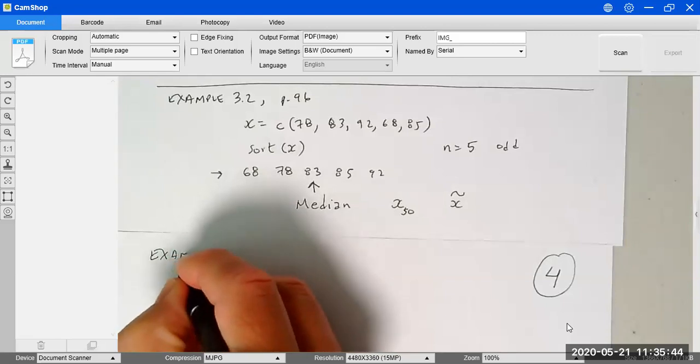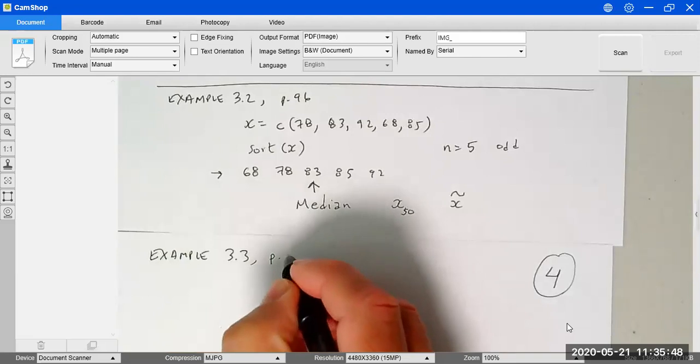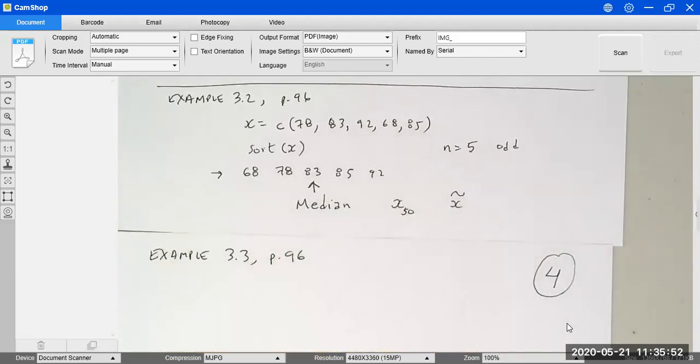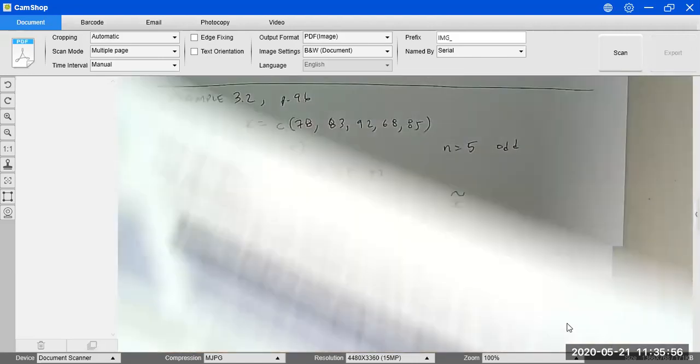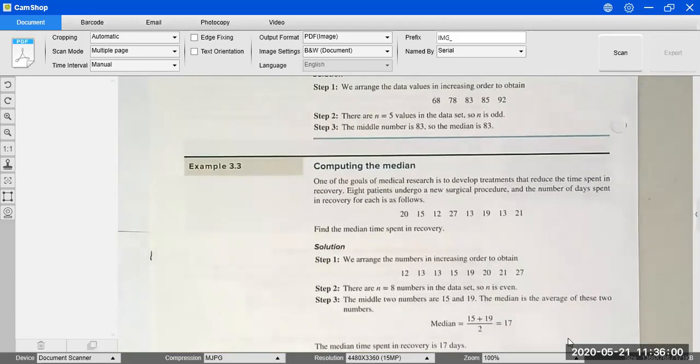Example 3.3 on page 96, so it's on the same page. Now we have a different list of values.